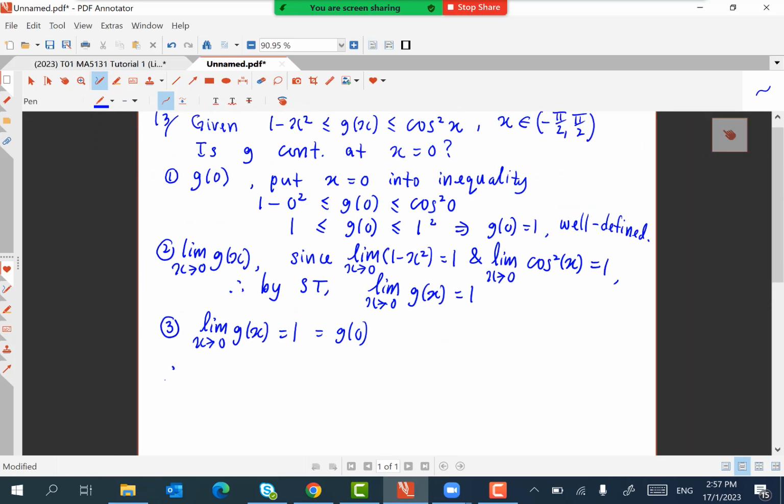Therefore, by 1, 2, and 3, g is continuous at x equals 0, and that's number 13.